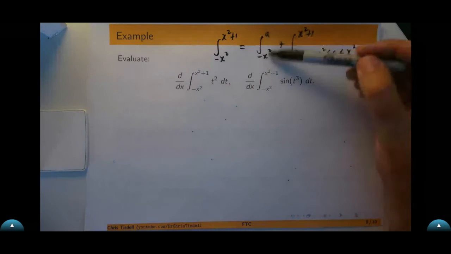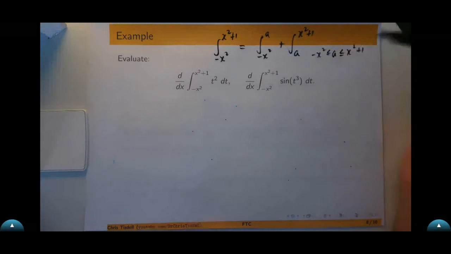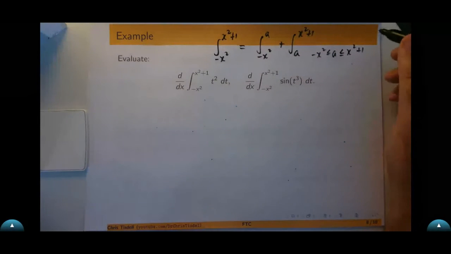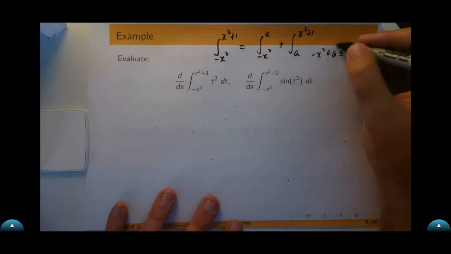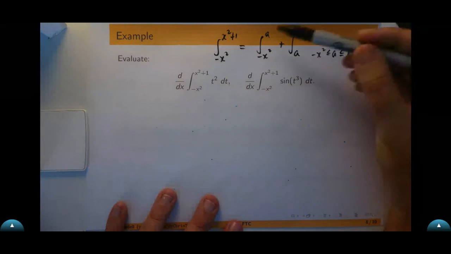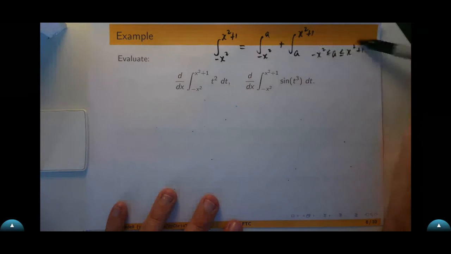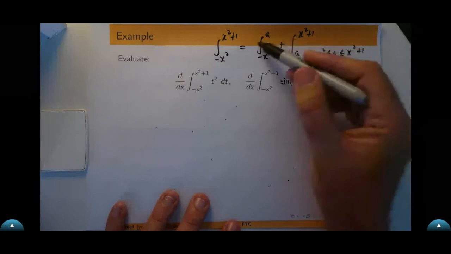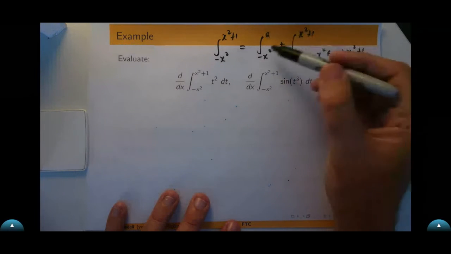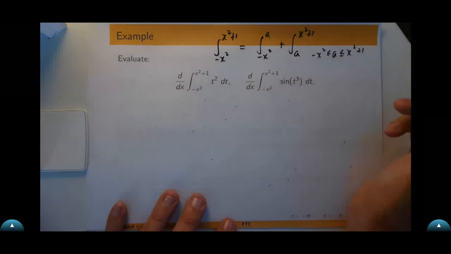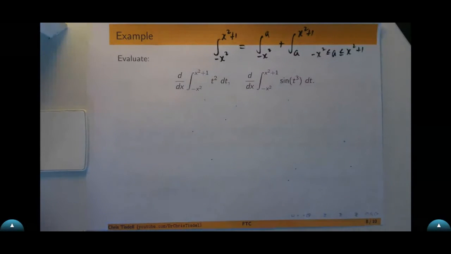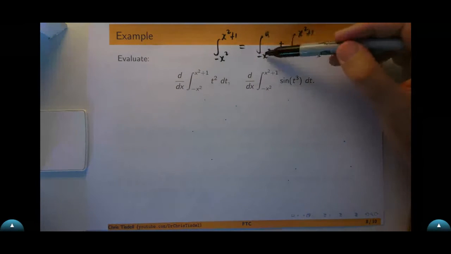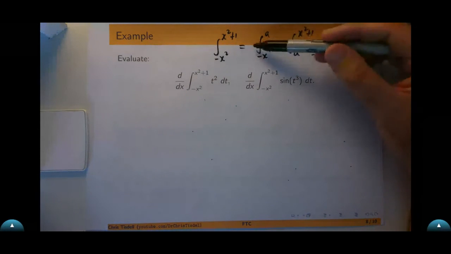And then I can flip this integral. Yeah, a could be 0, right? Xuanhao, yes, a could be 0, for example. Okay, but it works for any a in here. Okay, so once you've got that, you can flip this and change the sign. Yeah, it's quite fun, isn't it? Okay, so you can flip this integral and change the sign.